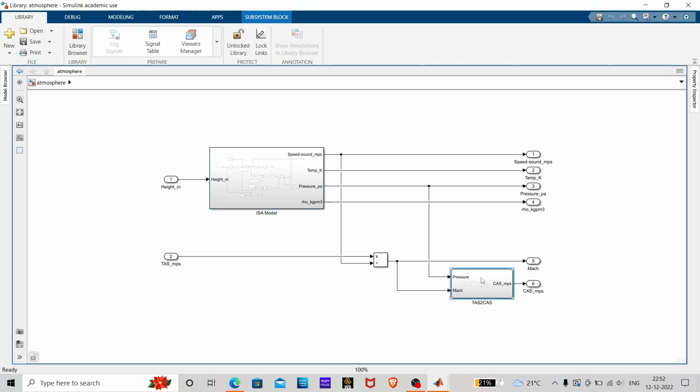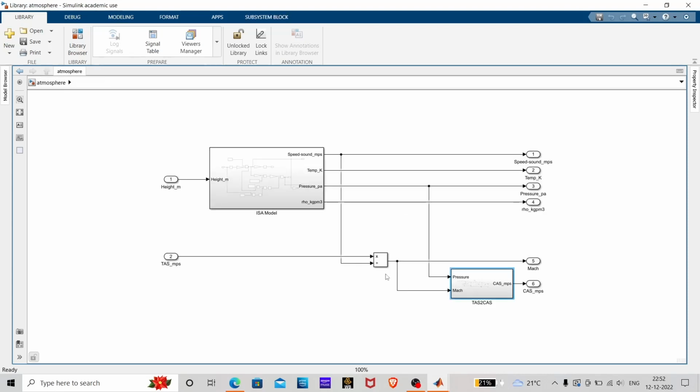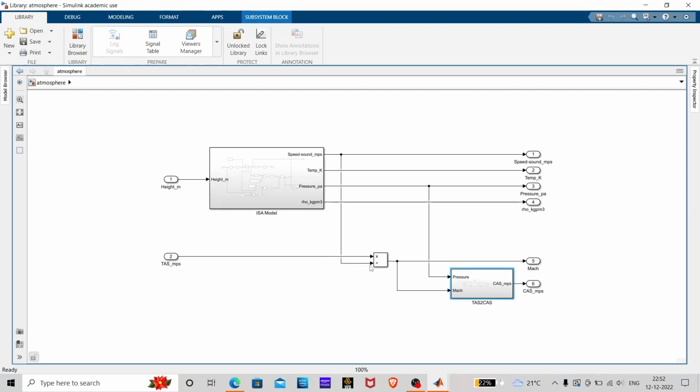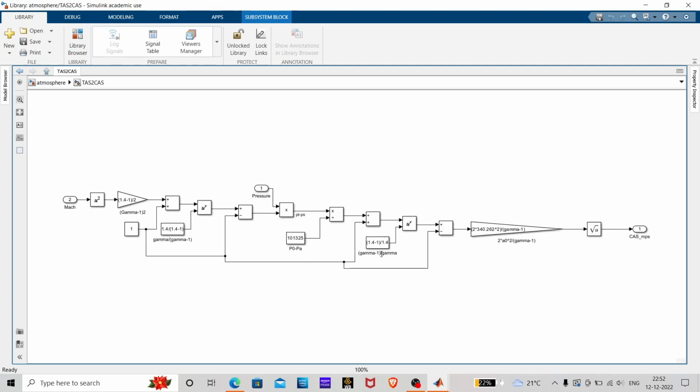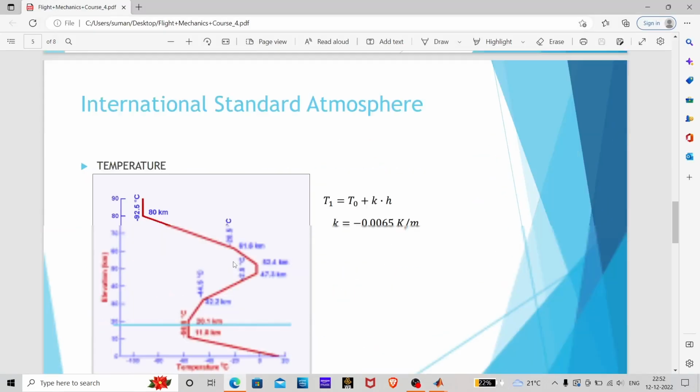And in this model we are taking input of the Mach number. We take the Mach number from the atmospheric model from here, and the pressure, to calculate the calibrated airspeed, as we can see in this equation.